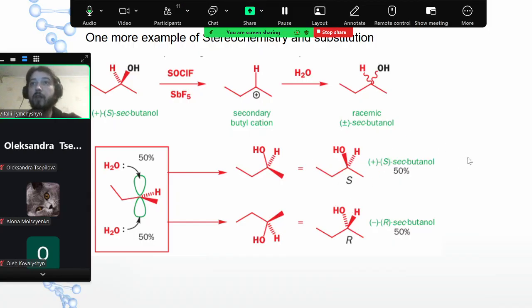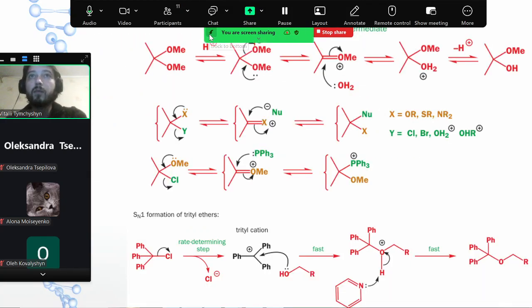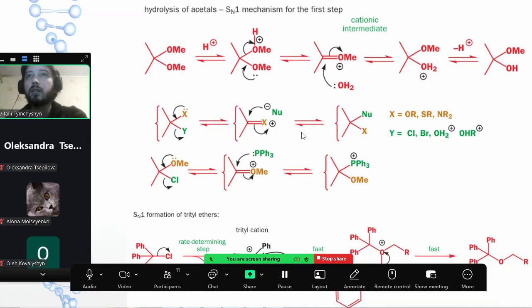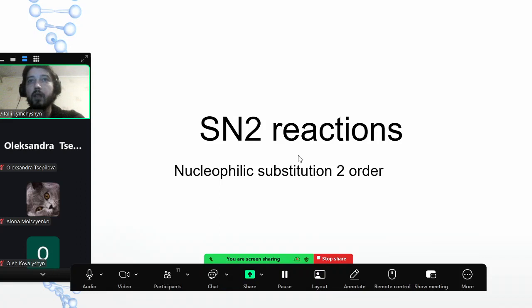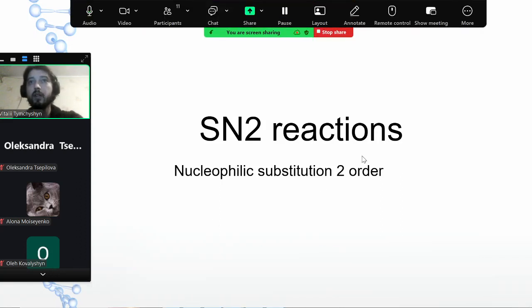And here you have S-sec-butanol and R-sec-butanol, so these are 2 different enantiomers of this molecule. Good. That's once again about stability, so I hope that was more or less clear.